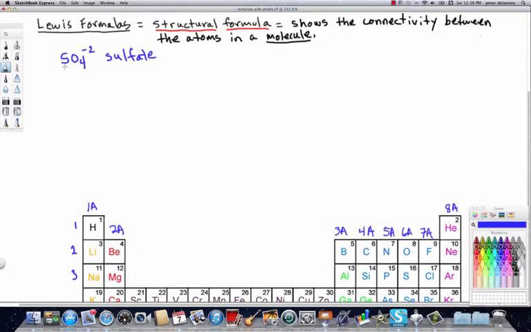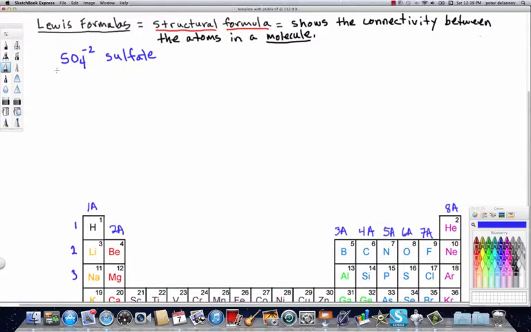So what I want to do is address that issue, all right? And what we're going to do first is ask a question the way it's asked of students quite often. The question will be, draw the Lewis formula of sulfate abiding by the octet rule. So we're going to first draw the structure of this, all right?